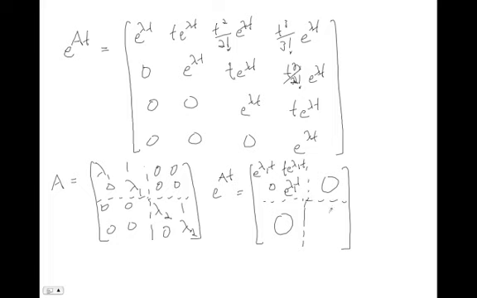And then this block looks like e to the lambda 2 t, e to the lambda 2 t, t e to the lambda 2 t, 0. So each of the Jordan blocks individually, when I include them in a function, they just behave exactly like a generic 2 by 2 Jordan block. So now for entire Jordan form matrices with arbitrary Jordan blocks on the main diagonal, we can raise those arbitrary Jordan form matrices as an exponent.